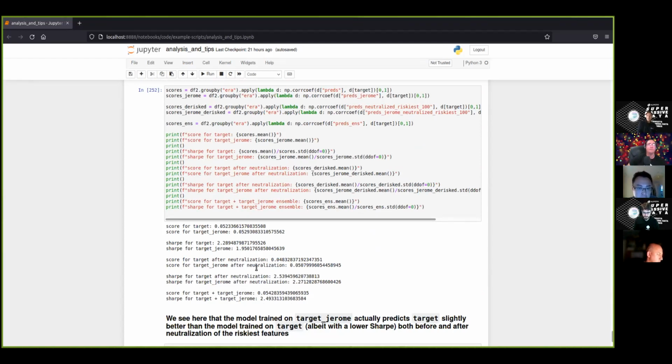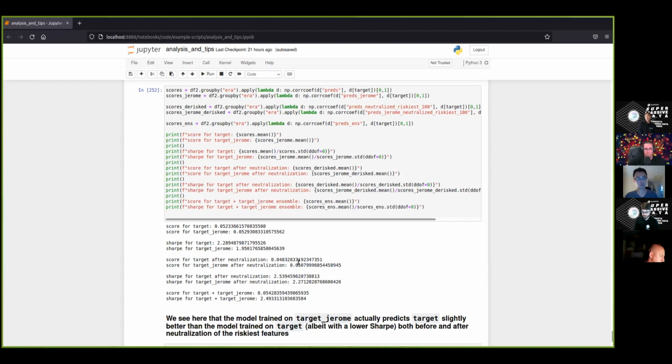You can see that after neutralization, the score for the model trained on target is 0.048, and when training on Jerome, this is 0.05. And I should say this is being scored against just target, which is NOMI 20.